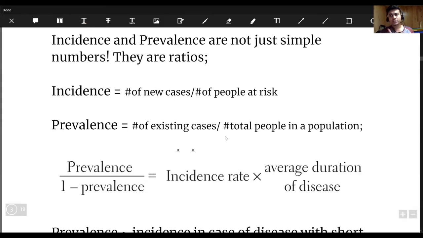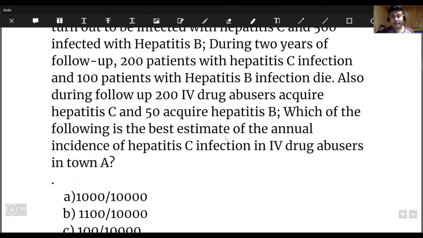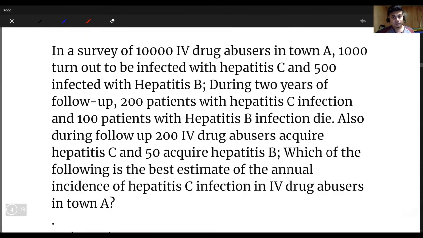But we also discussed that some of them are dead. These people are also not at risk. When a person is dead, that person has no chance to develop a disease. You need to discard that also. Now what is the number of dead persons? 200 persons, 100 persons. These 300 people are dead.